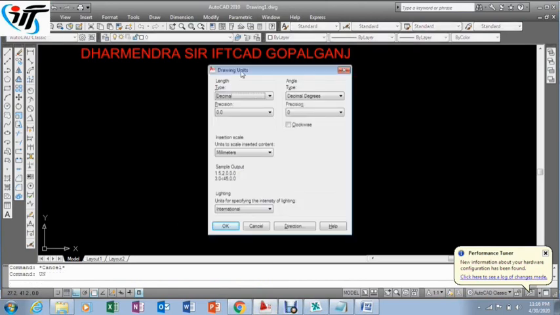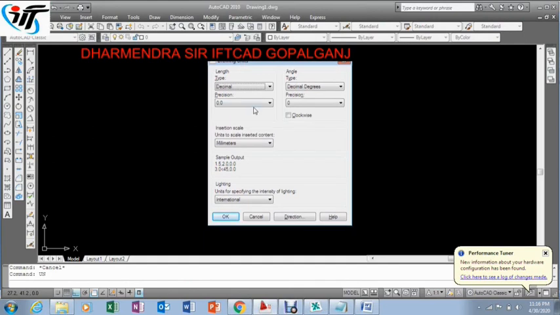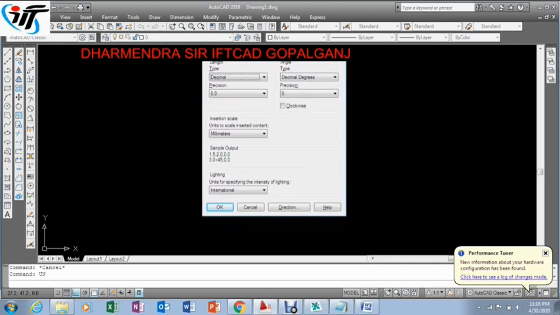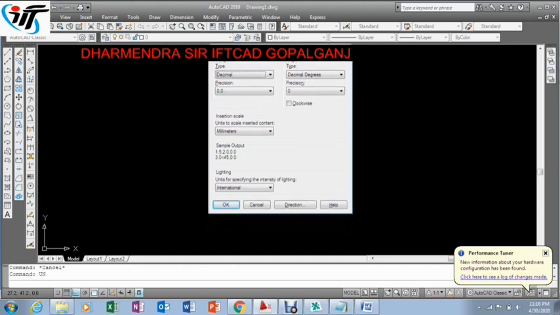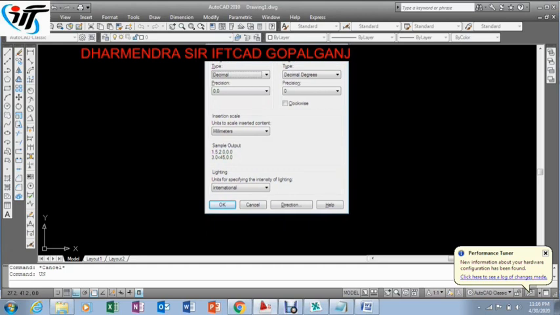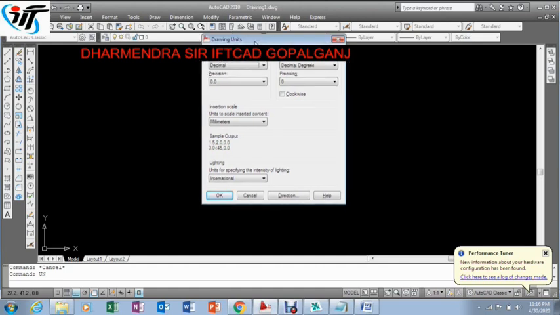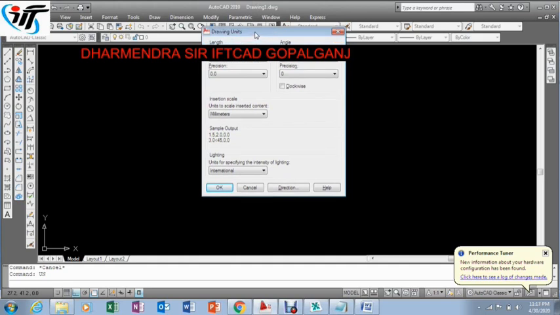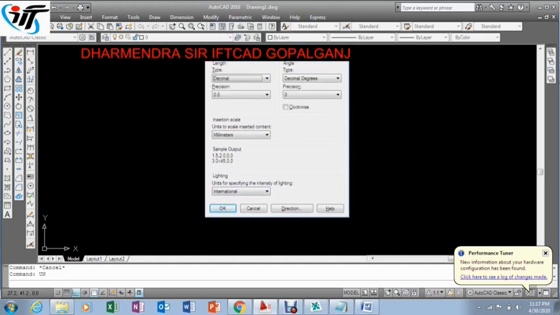I am setting my unit to decimal, because you need to know everything about the unit parameters and the different types of units. You can't make the excuse that you don't know about decimal or architectural, or that you cannot work in millimeter or centimeter. You have to work in each and every unit as per the requirements of your production.